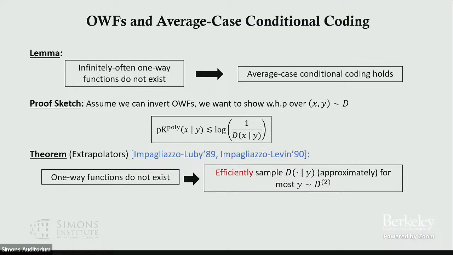So if infinitely-often one-way functions do not exist, then for every polynomial sampleable distribution D, which samples a pair x and y, there's an efficient randomized algorithm that, given y, approximately samples the distribution D conditioning on y for almost all y.